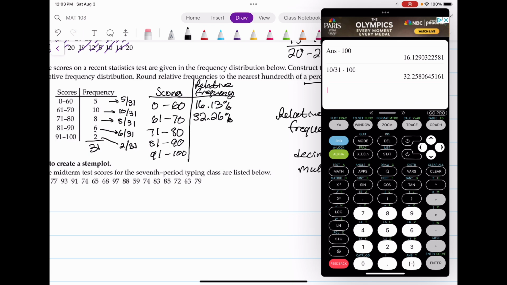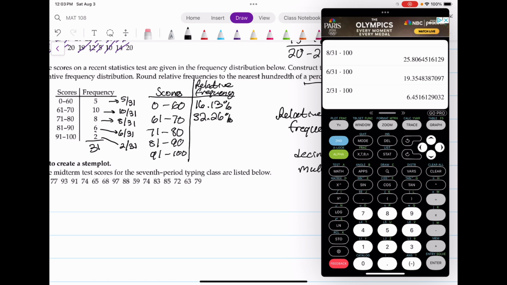Eight divided by 31 times 100. And I'm going to do the next one since I'm already here. 6 divided by 31 times 100. And I guess I'll do the last one, which is 2 divided by 31 times 100. And then we have the rest of our relative frequencies.